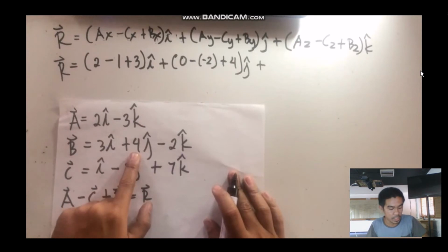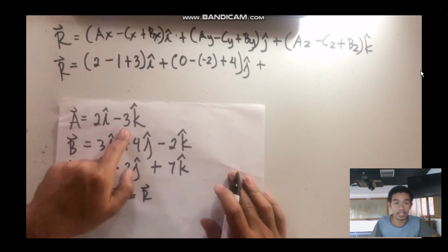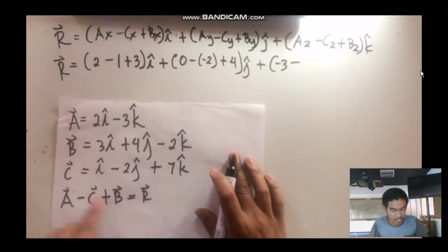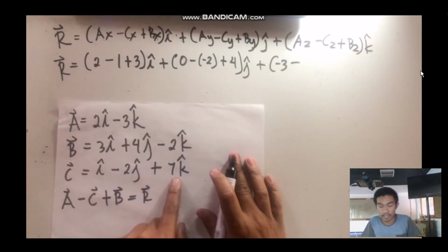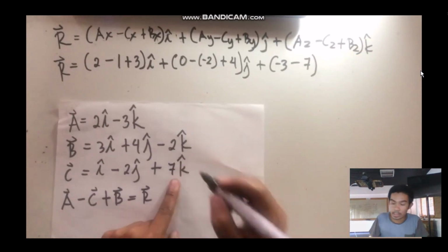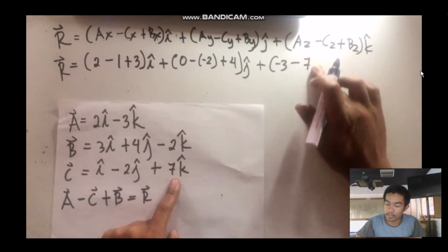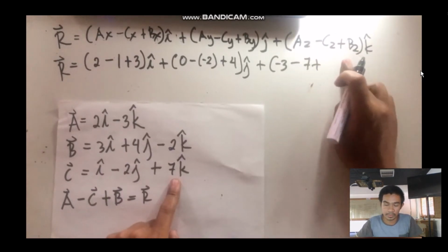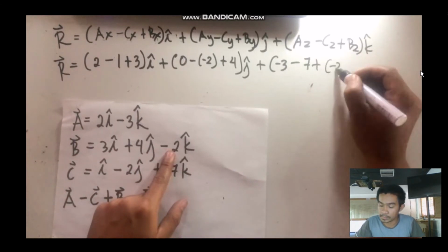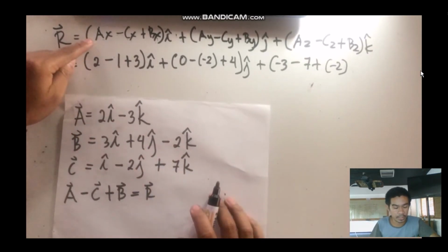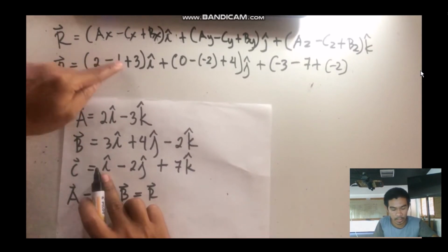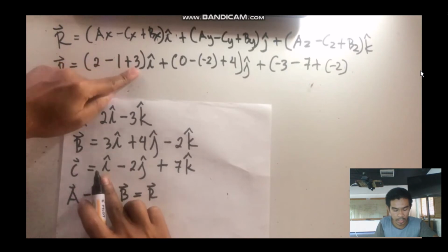plus A of z. What's A of z? Negative 3, so negative 3 minus C of z. The z component of vector C is 7, so minus 7. And then there's still plus B of z. B of z is negative 2. So double check. A of x is 2 minus C of x is 1 plus B of x, 3.